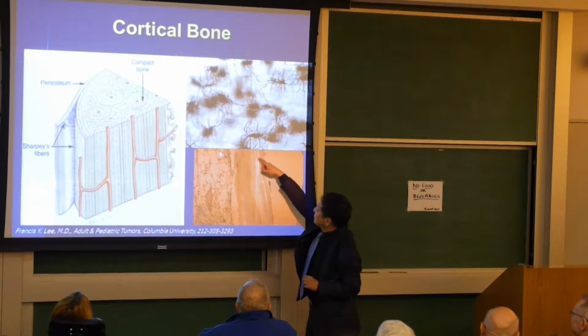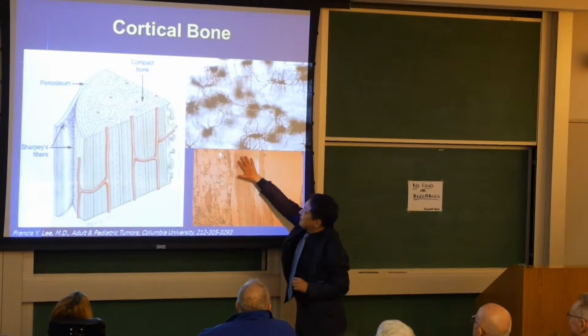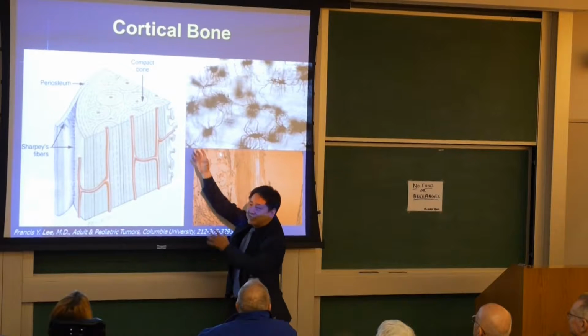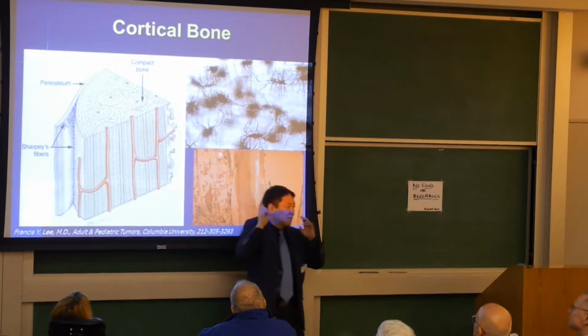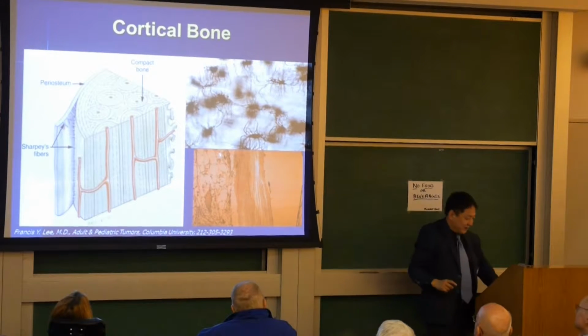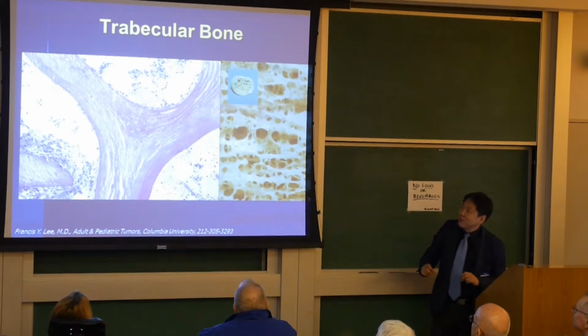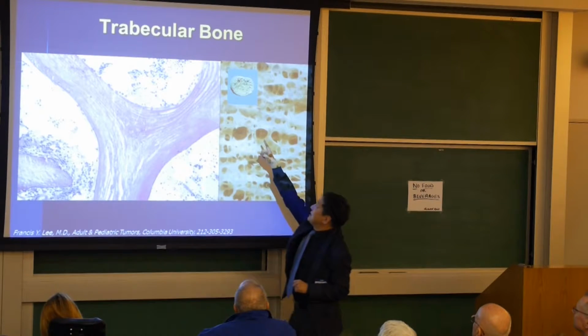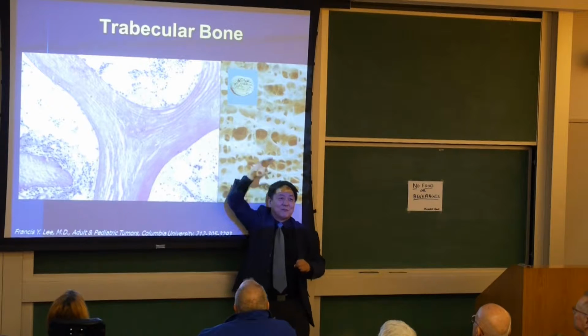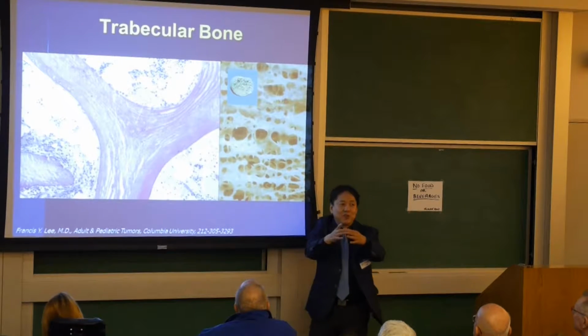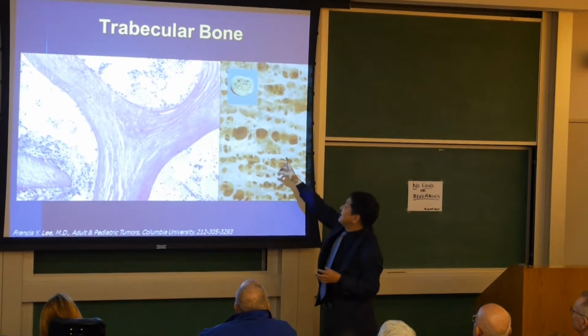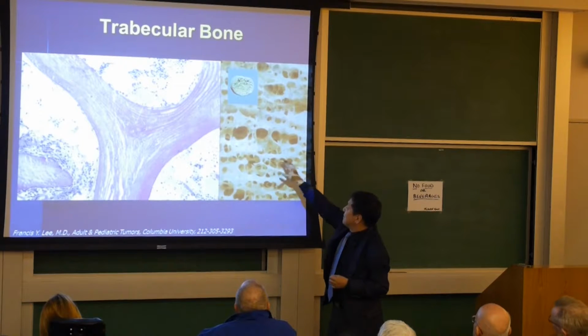And the other cells are called osteoblasts. They line the bone in the central part of the bone. So bone cells have osteocytes and osteoblasts. Let's look at the trabecular bone. So this is again the cross section of a bone. You can see the outer shell called cortical bone, and this is the inside. It looks like a real sponge.